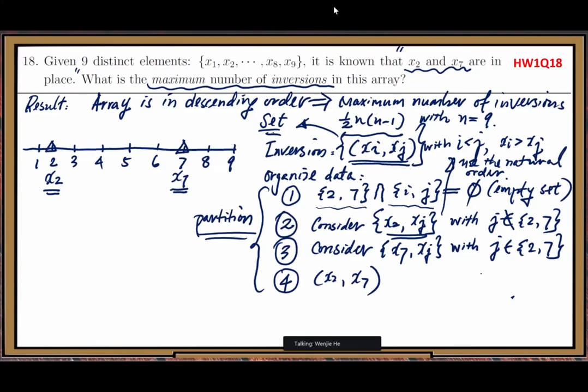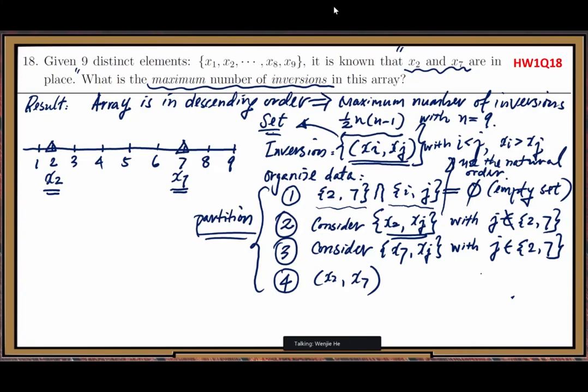And the second, these 4 subsets cover the whole set. We do not miss anyone. After we define these 4 subsets, they cover all the pairs, right?